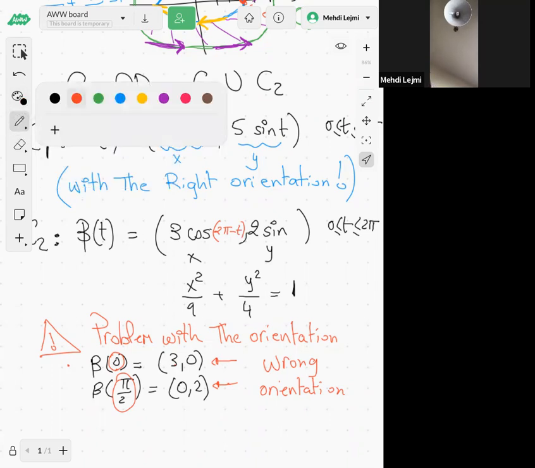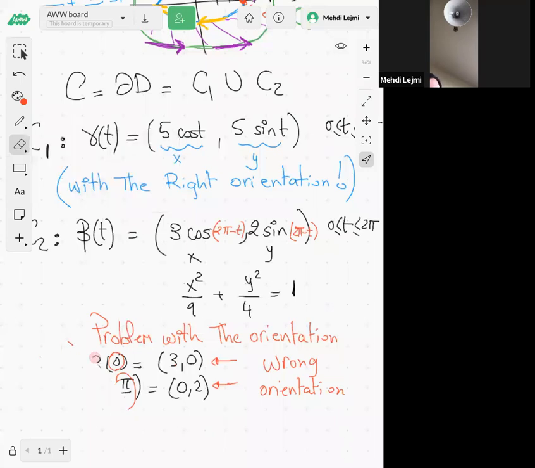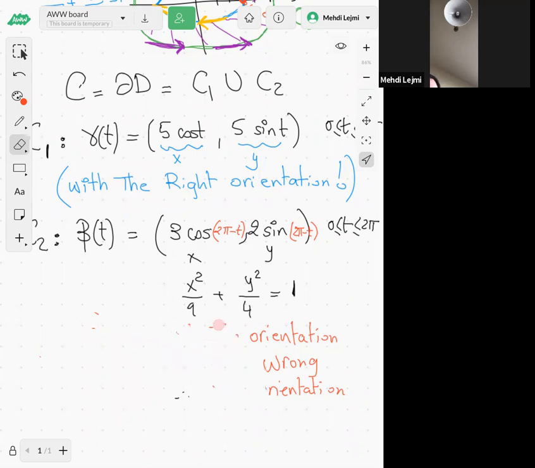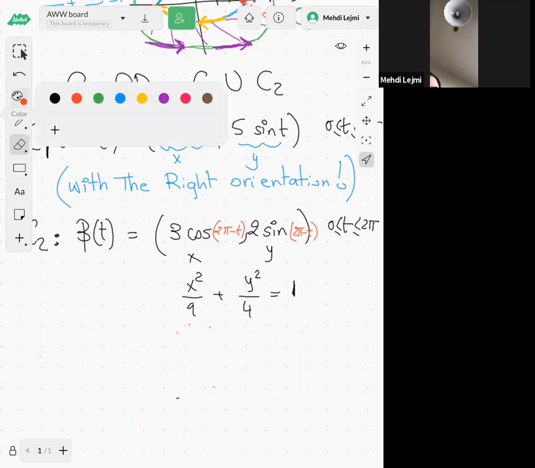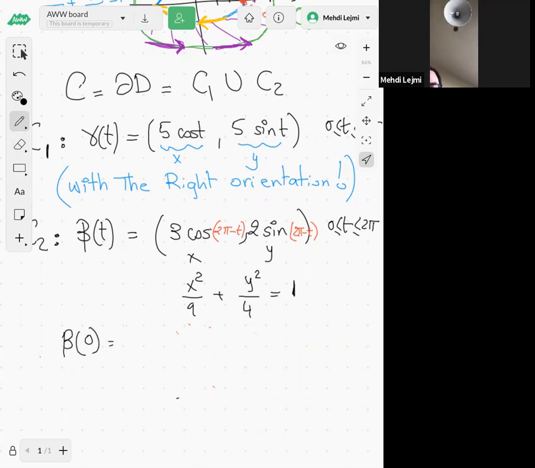And then 2 pi minus t. Okay. So now, if you evaluate beta of 0, of course, that will be just the same thing.